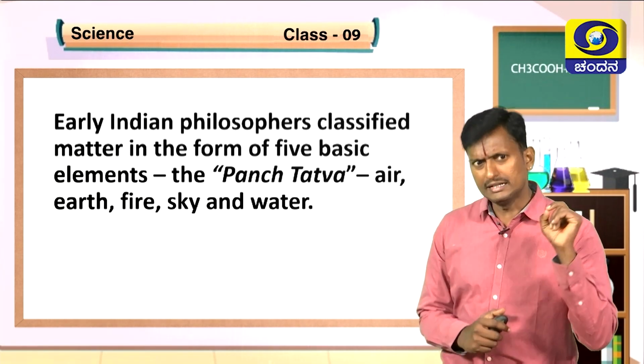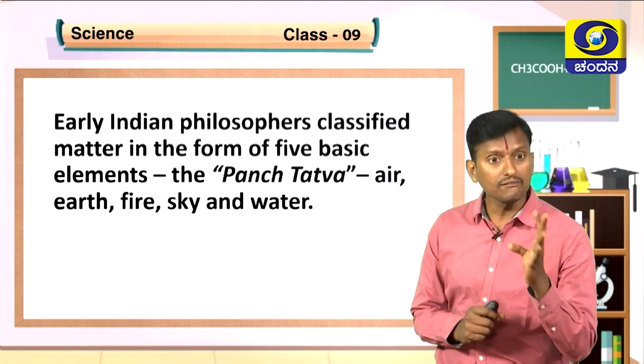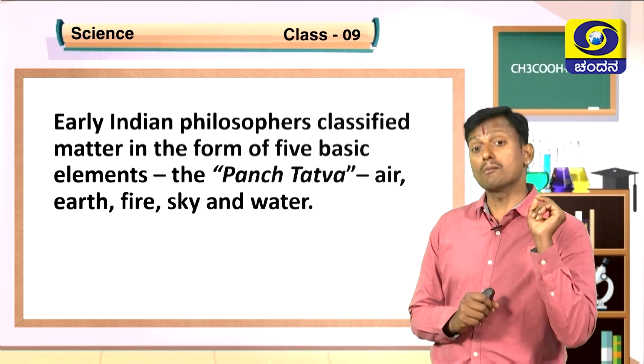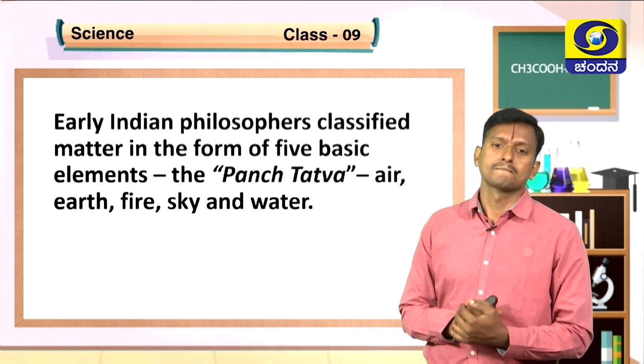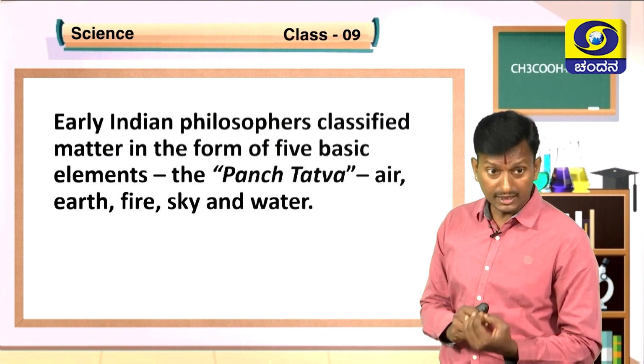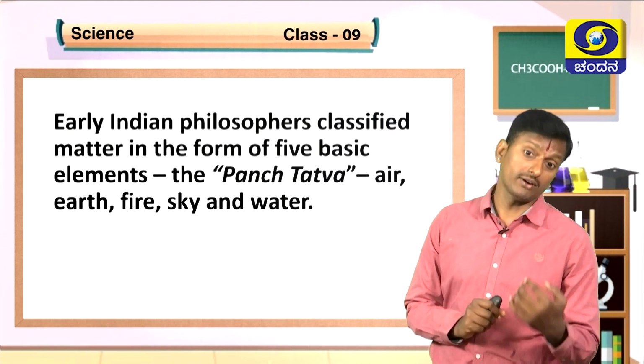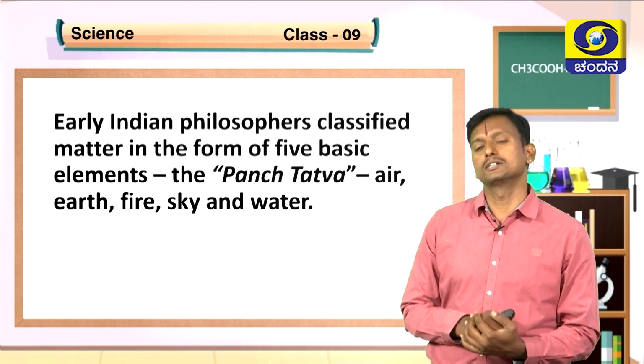Early Indian philosophers classified matter in the form of 5 basic elements, the Panchatattva, that is air, earth, fire, sky and water.